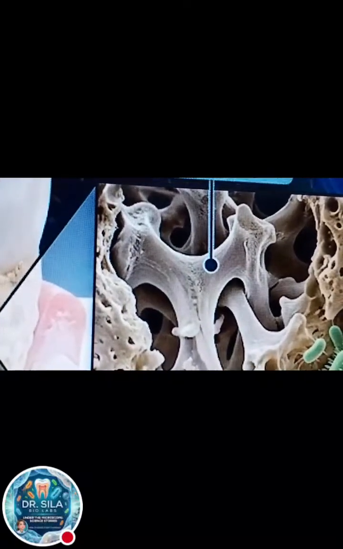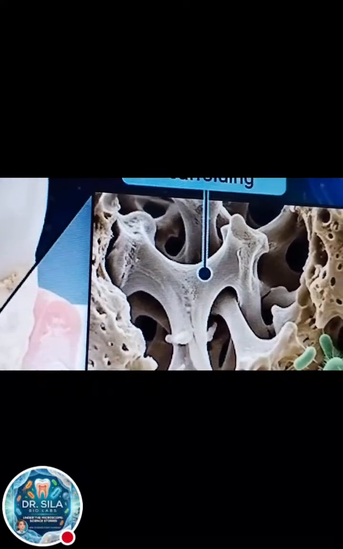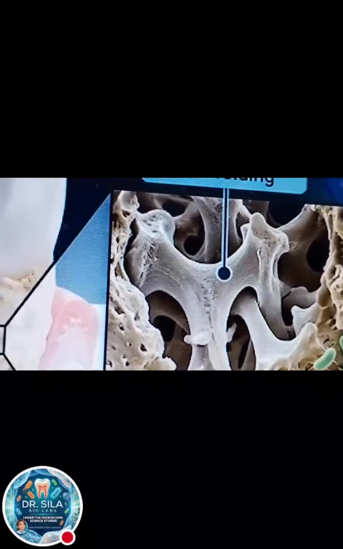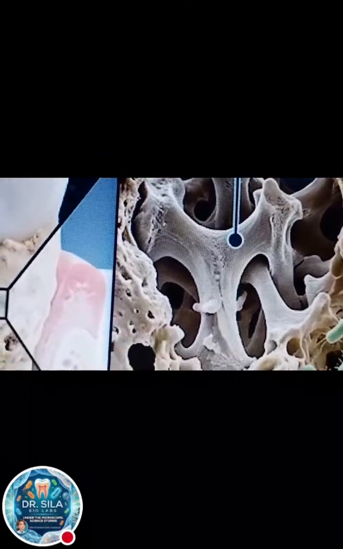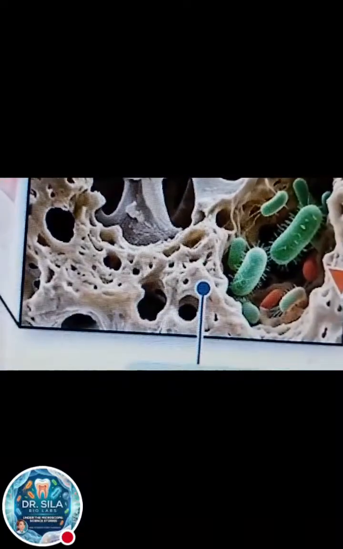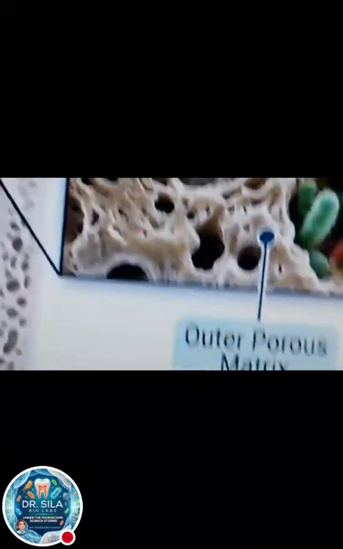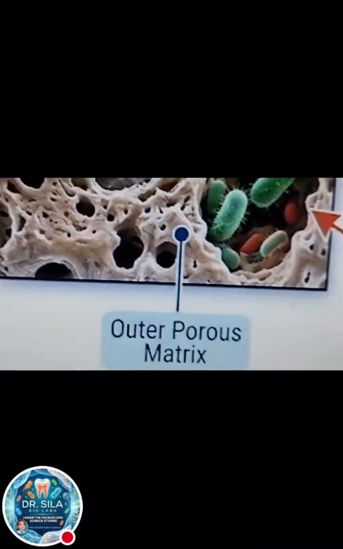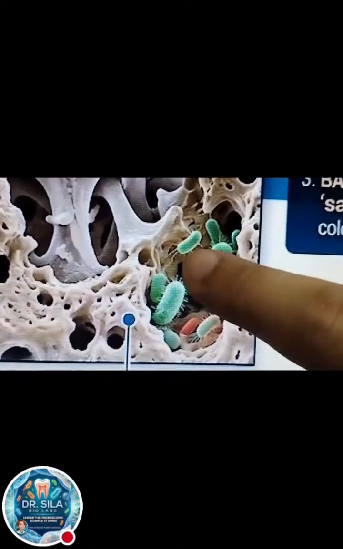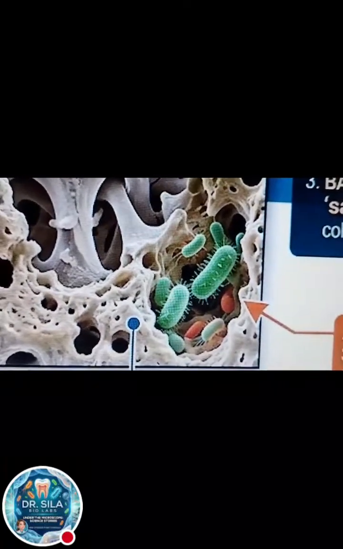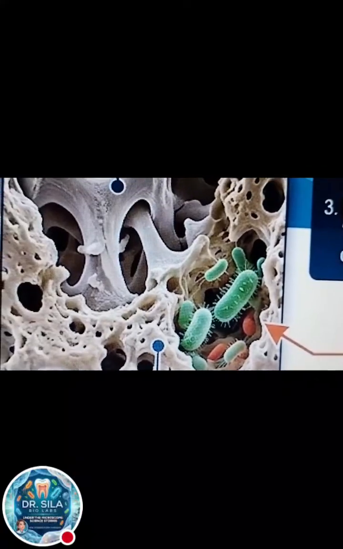It is the perfect safe house for pathogenic colonies to attach and multiply. Bacteria constantly secrete toxins into the gum tissue. You can see the outer porous matrix, and these are the bacteria secreting continuous toxins into your gum tissues.